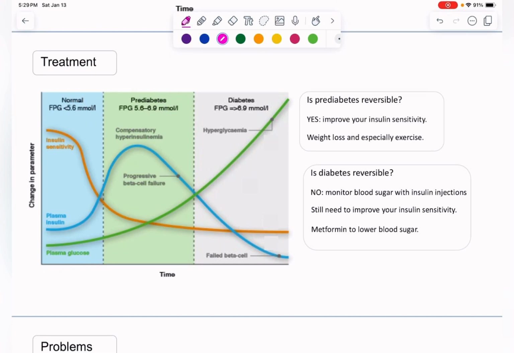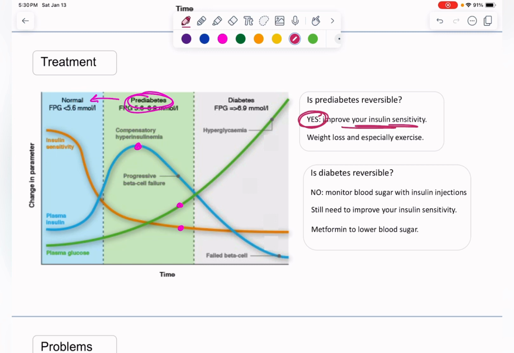So let's say you're pre-diabetic. Your insulin sensitivity is low, your blood sugar is high, and your plasma insulin levels are high. My question is, is this reversible? Can you go from a pre-diabetic state back to a normal healthy state? And the answer to that, fortunately, is yes. And you can do that by improving your insulin sensitivity.